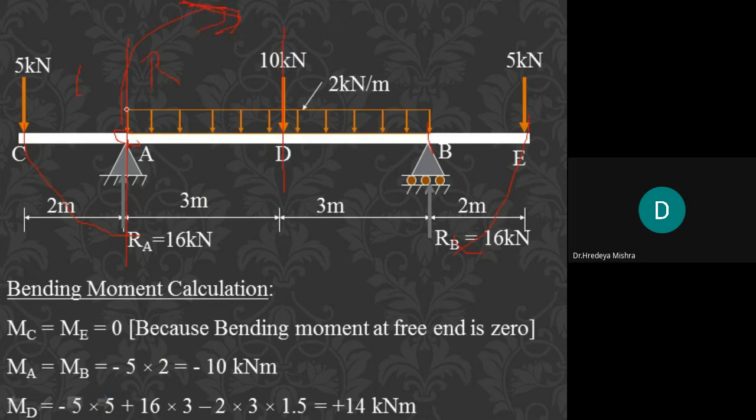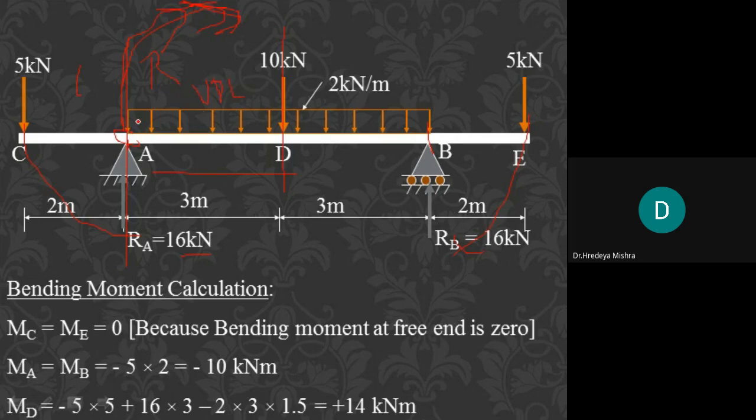Now, this upward force is anticlockwise, so the sagging is positive. So 16 into 3, this distance. This is 16 and this is 3. 16 into 3. And now, how much for the UDL? We also consider the UDL.